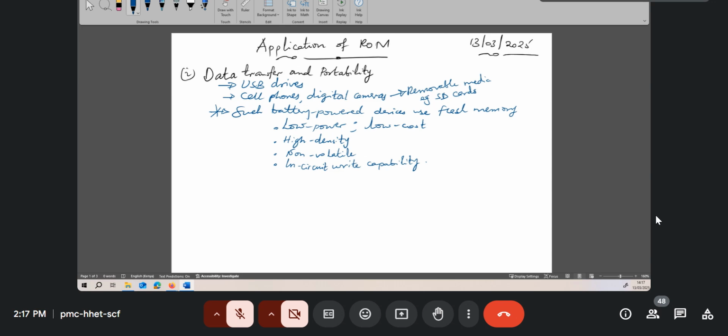So those are some of the characteristics that make flash memory widely used in such devices which are mostly battery powered. The other area that you will find read-only memories being utilized is as bootstrap memories.